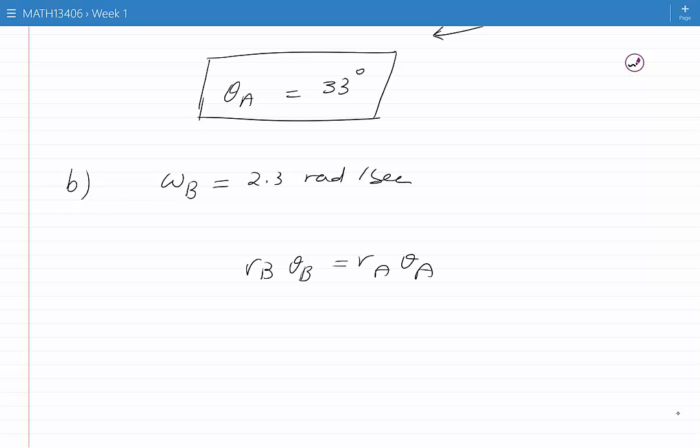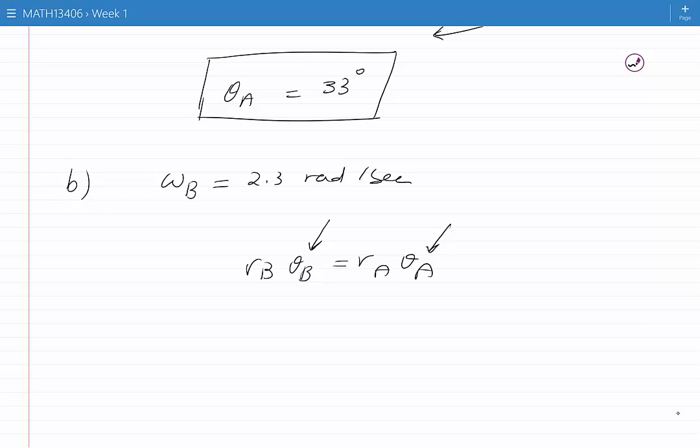Theta B represents the angle of rotation in a certain time interval of pulley B, and theta A represents the angle of rotation of pulley A in a certain time interval. Let's say that time interval is delta t. Let's divide both sides of this equation by delta t.